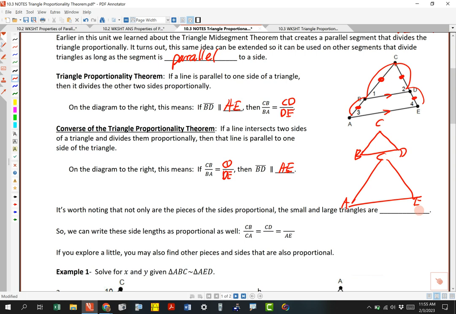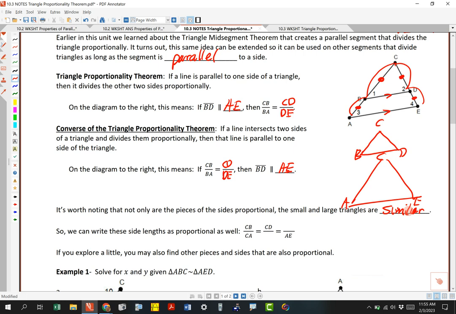And take a look at angle 1 and angle 3. What do you know about angle 1 and angle 3? They're congruent because they are corresponding angles. This is the transversal that comes down and cuts across those two parallel lines. So we would have angle-angle similarity. So those two triangles are similar.